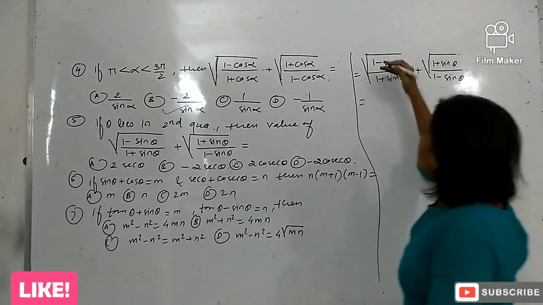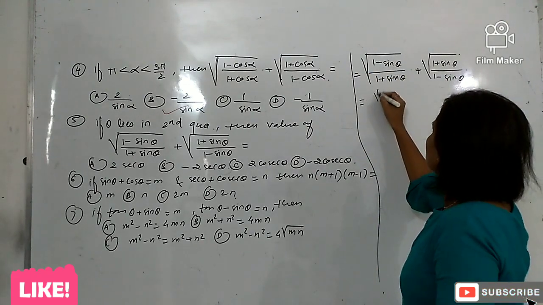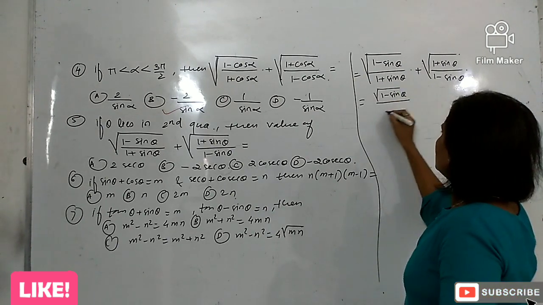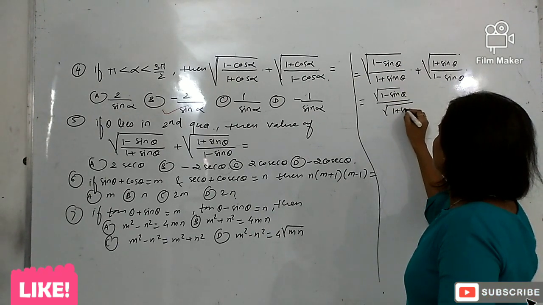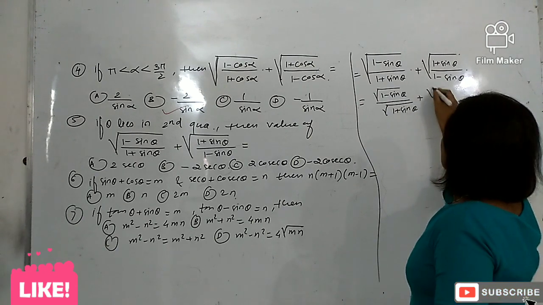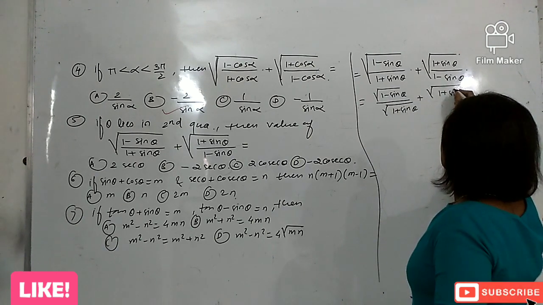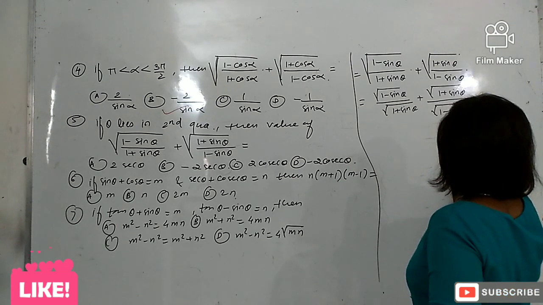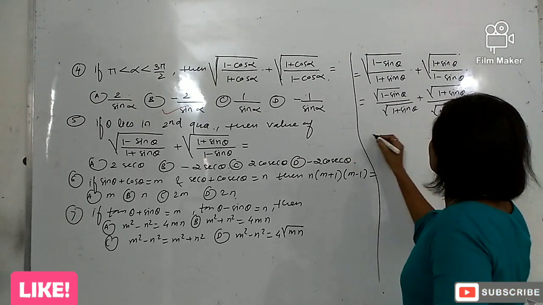So just first separate this root. So I can write this value as square root of 1 minus sine theta divided by square root of 1 plus sine theta, plus root 1 plus sine theta divided by root 1 minus sine theta. Okay. And then just complete the calculation.